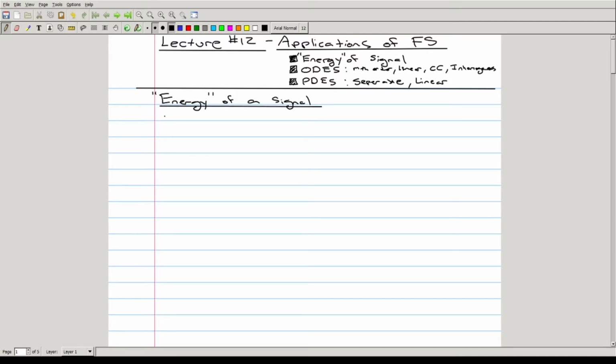And this application really hinges on the fact that we have this nice Parseval's equality that we can write down.